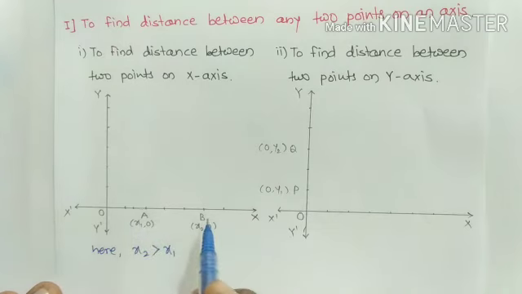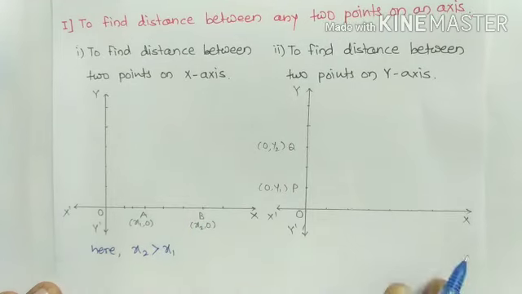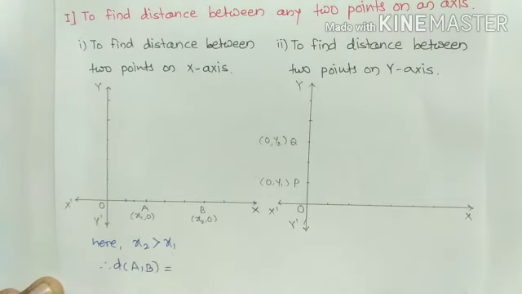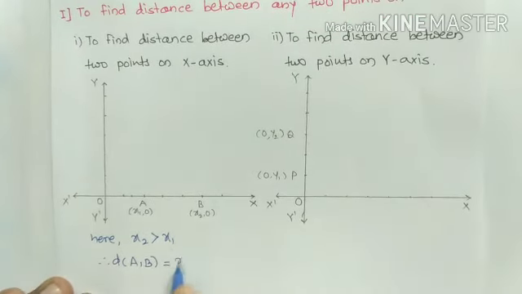On a number line, the coordinate of a point which is to the right side of a point is greater than to the left side. म्हणजे उजव्या बाजूकडचा जो पॉइंट आहे त्या पॉइंटचा कोऑर्डिनेट हा मोठा असतो on the x-axis. So x2 is greater than x1 and therefore distance AB equals x2 minus x1.